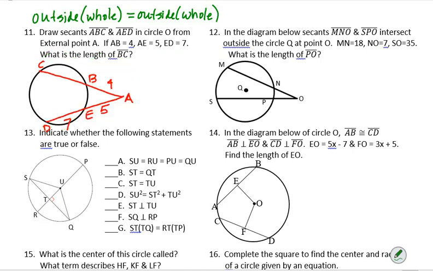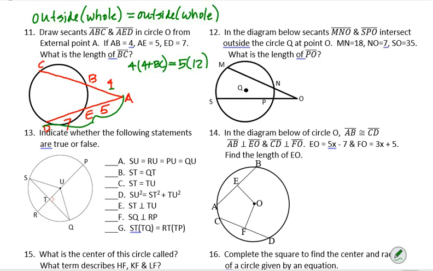There, now it's a little smaller. So I'm going to again go outside, that's this part right here, times the whole, which is that part together. So I'm going to say times 4 plus BC, and that's equal to the outside down here plus the whole, which is the whole thing down here. So that's 5 plus 7, that's 12.